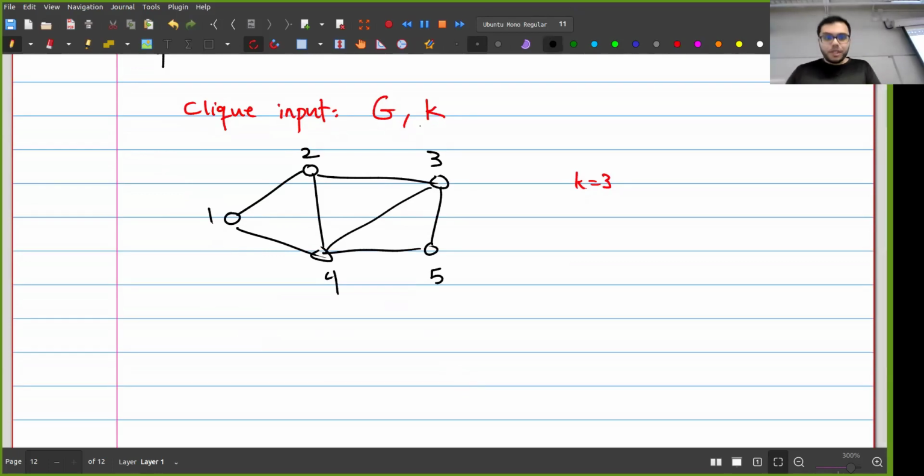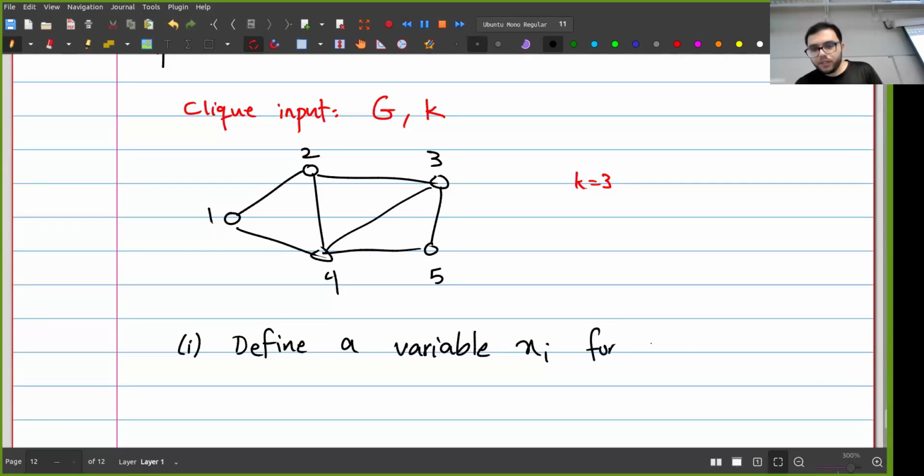Okay. So now I want to turn this input into a formula in SAT. What do I do? Well, first, I'm going to define a variable for each one of my vertices. And that variable, again, intuitively, is going to tell me whether that vertex is in my clique or not. So my first step is define a variable xi for every vertex i.